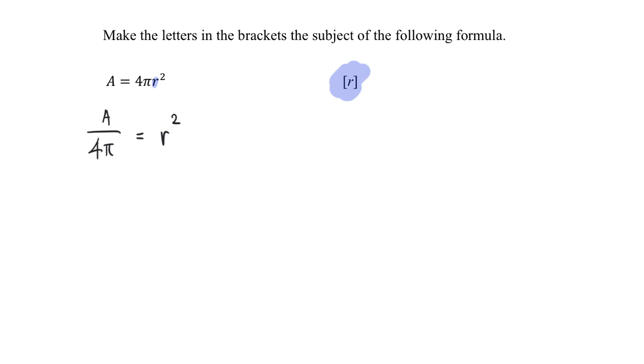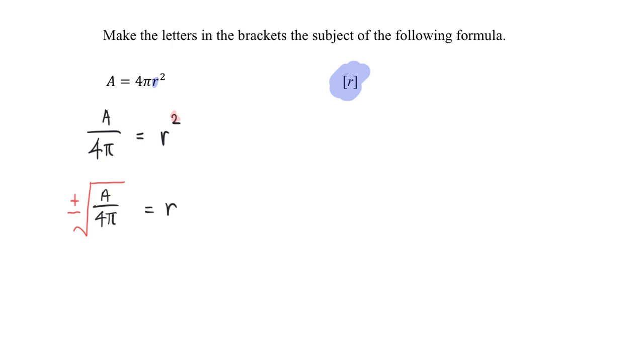And do take note, if we do not want to see the square, what do we do next? Because I see a square here. Yep, I am going to square root my A over 4 pi totally, and because we do not know what R represents, therefore every time you square root a value, there could be both a positive or negative answer.